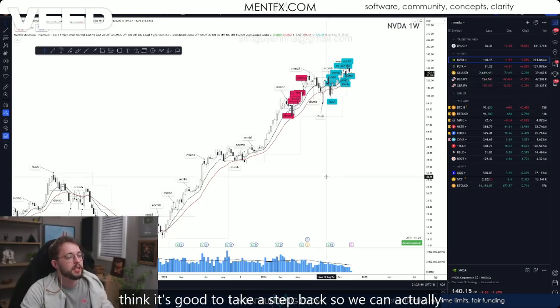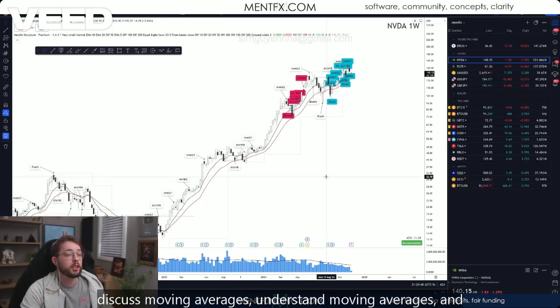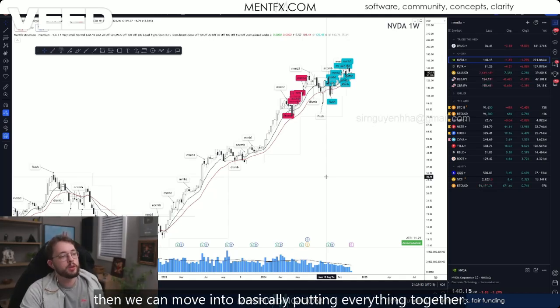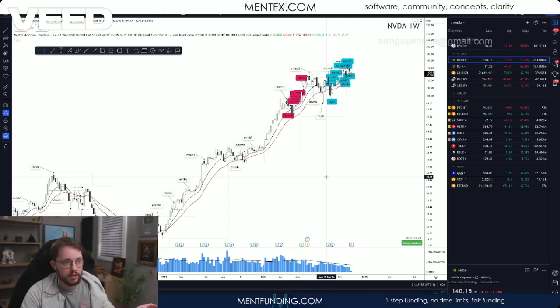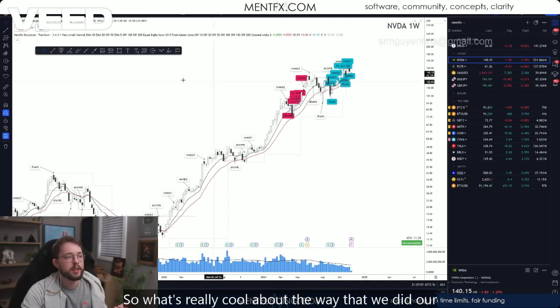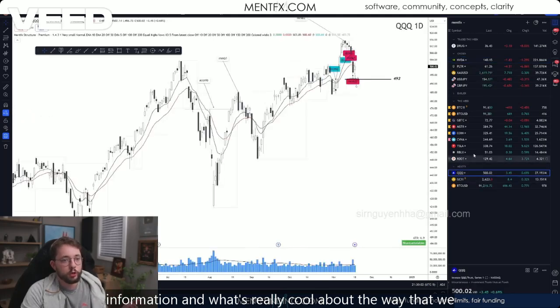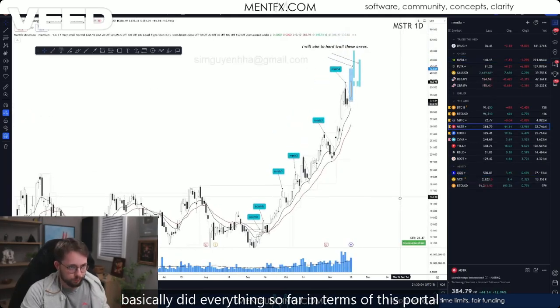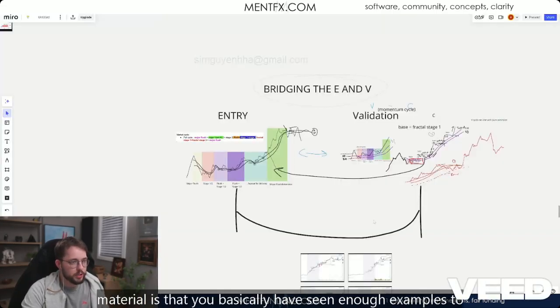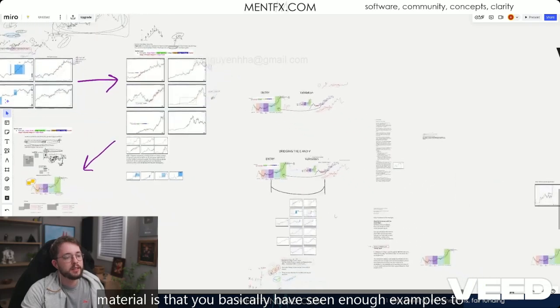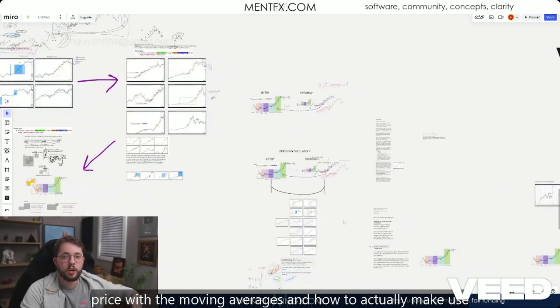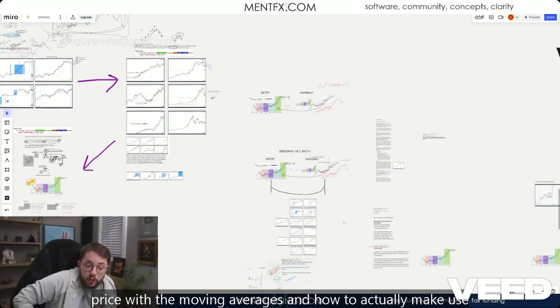At this point, I think it's good to take a step back so we can actually discuss moving averages, understand moving averages, and then we can move into putting everything together. What's really cool about the way we did everything so far in this portal material is that you have seen enough examples to understand everything you need about the interaction of price with the moving averages and how to actually make use of them, right?